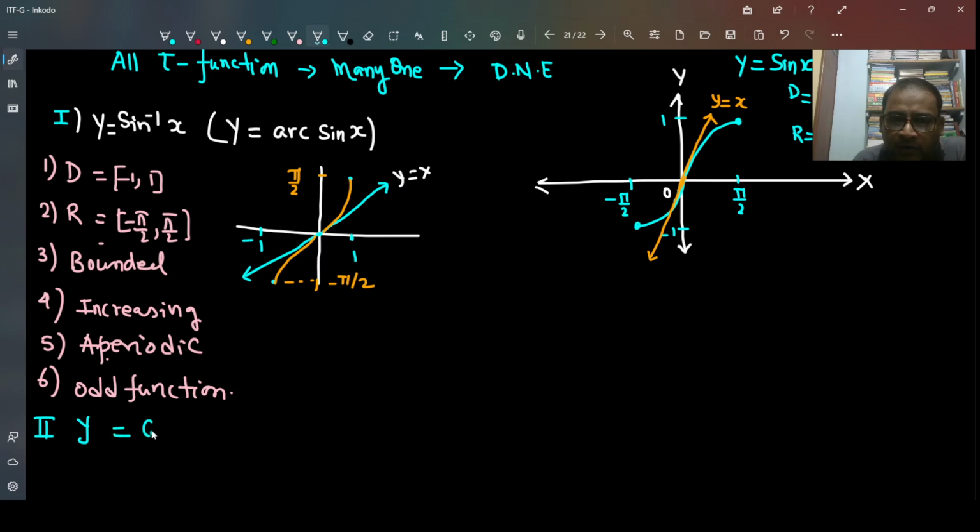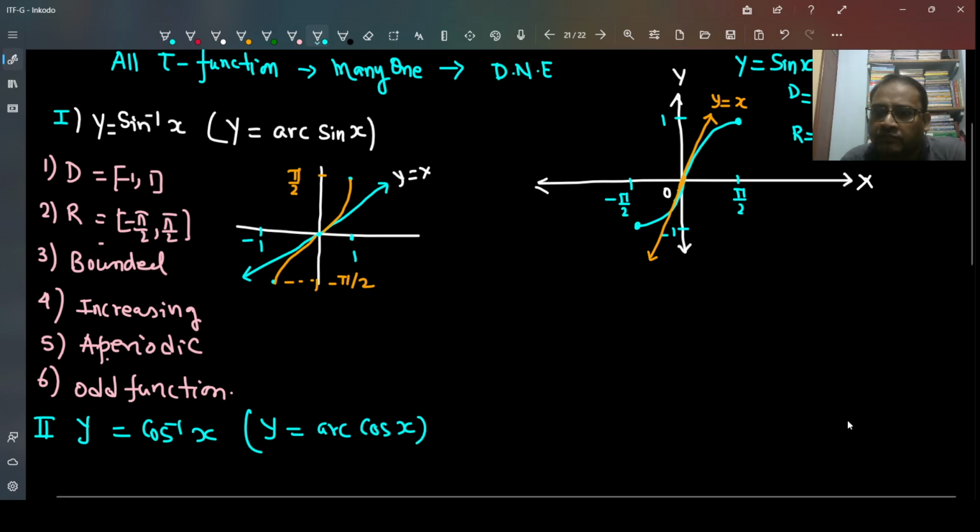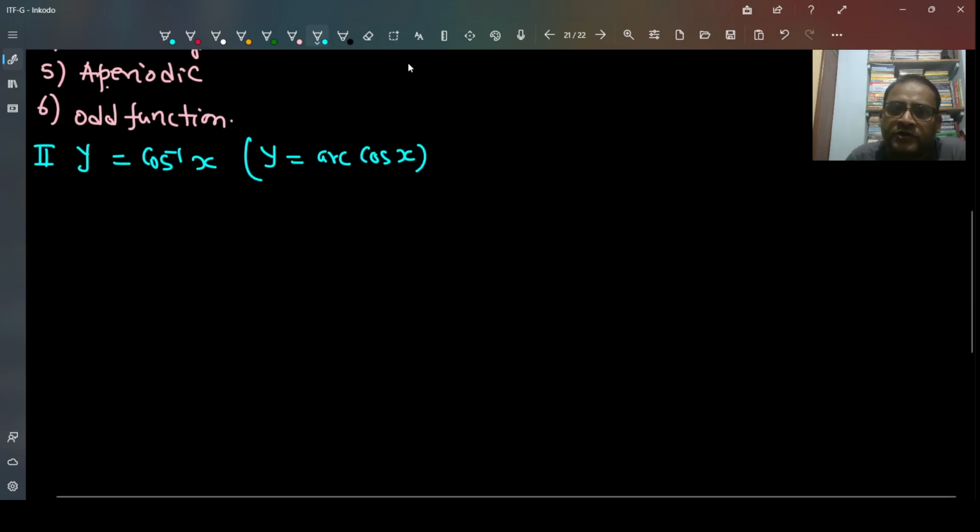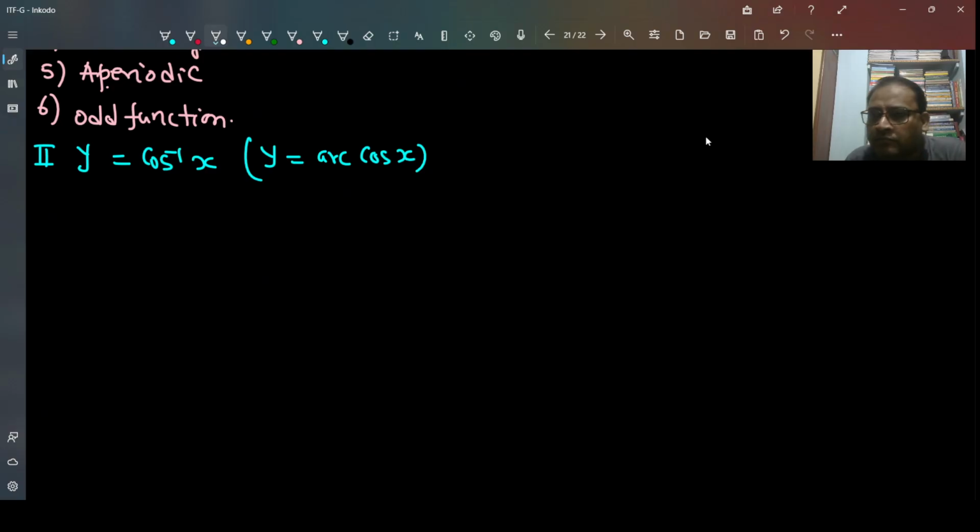y is equal to cos inverse of x, or in short y is equal to arccos x. First of all, we will draw the curve of the cos x function, and we select the domain from 0 to pi. If we take this domain, then cos will take all the values from minus 1 to plus 1.